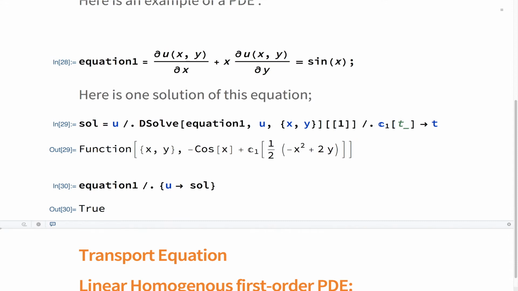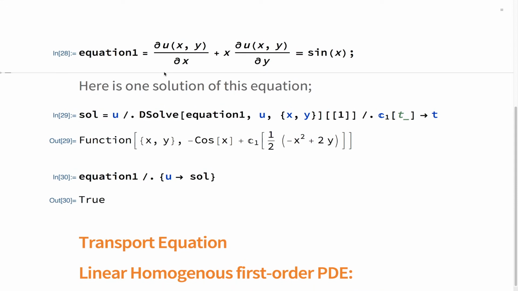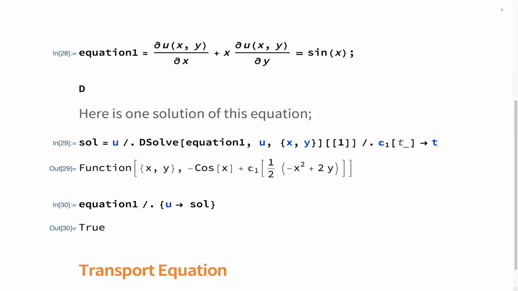Another way is to write it in the proper Wolfram Language syntax. This will be translated as D of u, which is again a function of x and y, so u[x, y], and it is with respect to x, so comma x. This whole has been translated into this.